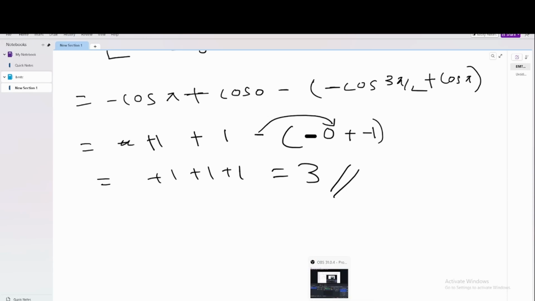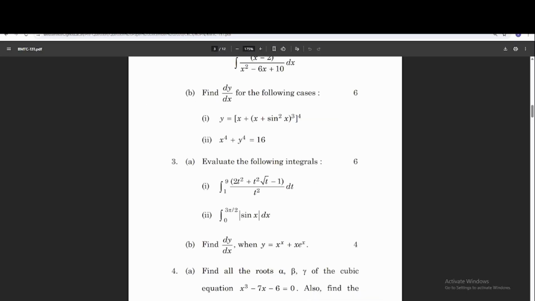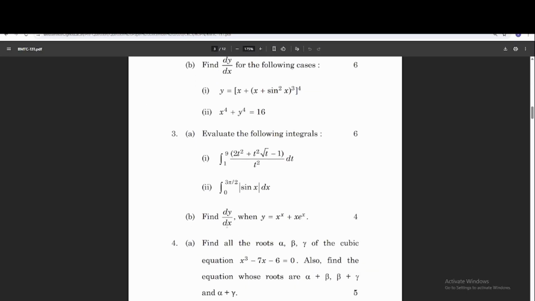So the next question is 3b. Find dy by dx when y is equal to x raised to x plus x into e raised to x.